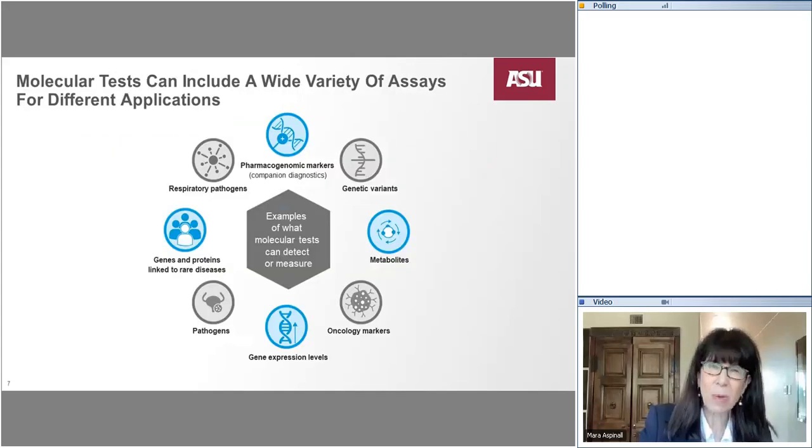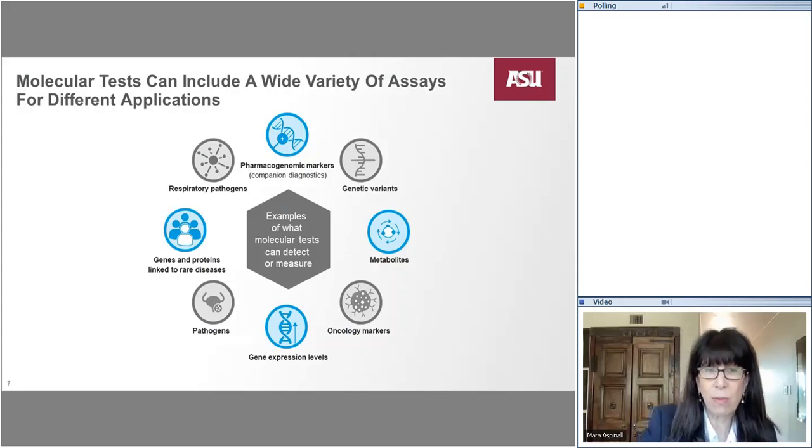But let's now step up a bit and realize, how are tests being used? How can molecular tests be used for a wide variety of assays for different applications? And these can be, it's in blue, but these can be LDTs or IVDs.